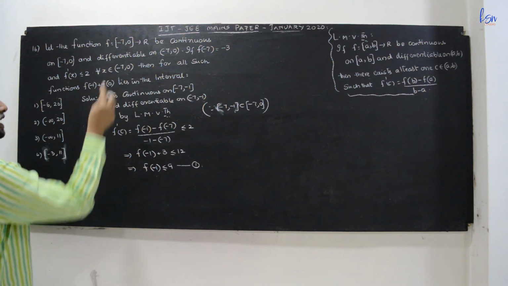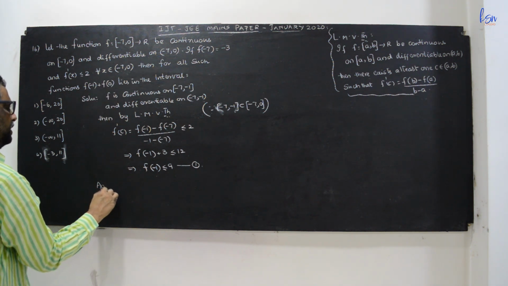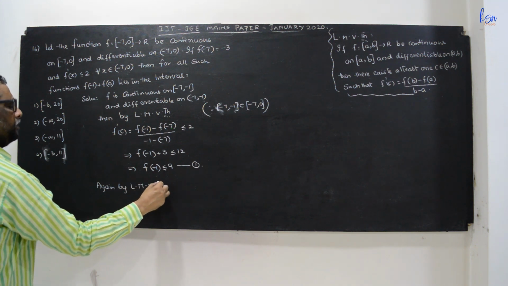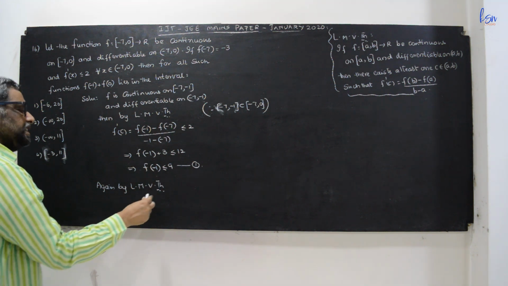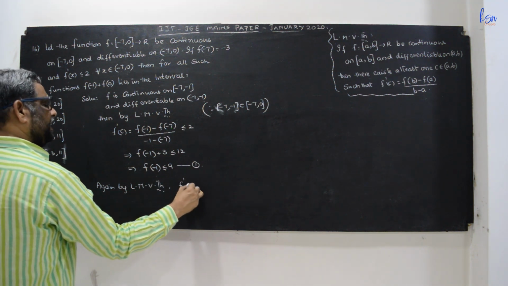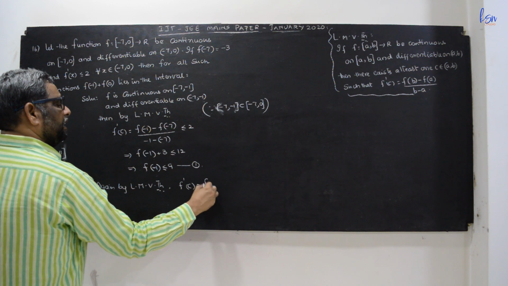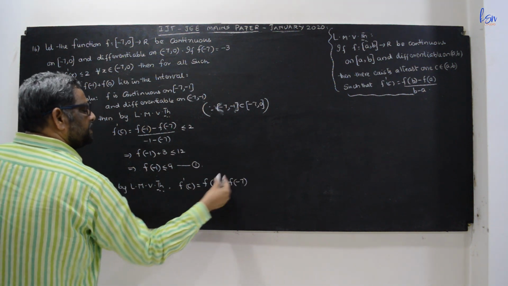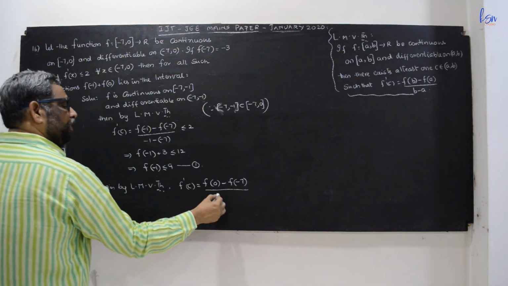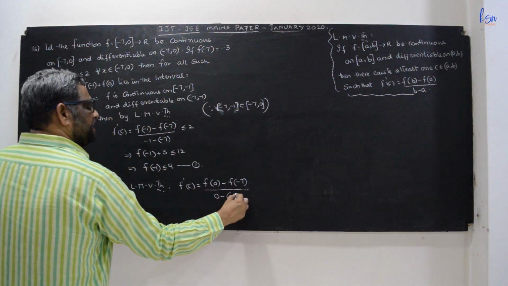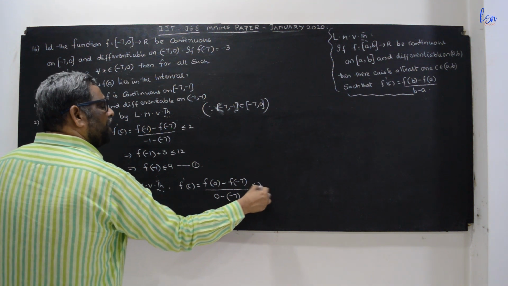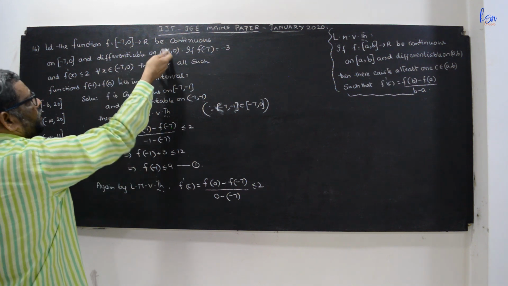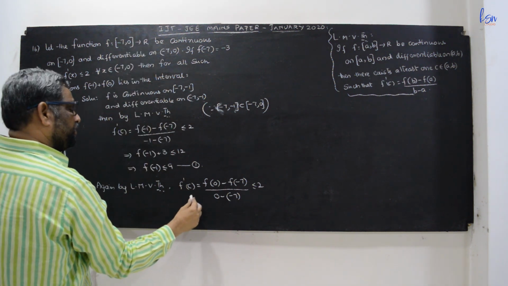Once again applying Lagrange's mean value theorem, we can say that f dash c is equal to f of 0 minus f of minus 7 by 0 minus 7, which is also less than or equal to 2, because the function is given to be continuous on [minus 7, 0] and differentiable on (minus 7, 0).